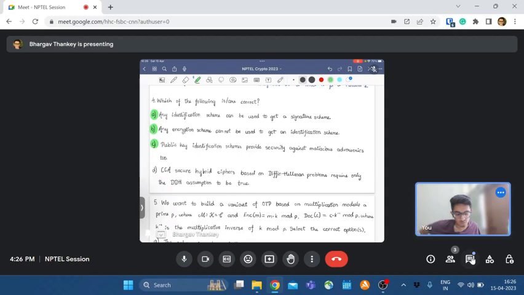So in fact, what we require for CCA secure hybrid ciphers based on Diffie-Hellman problems is the gap CDH assumption, which is basically saying that you cannot solve the CDH problem even in the presence of a DDH oracle. So D is false. We need something more than the DDH assumption. We need the gap CDH assumption. Is this fine?